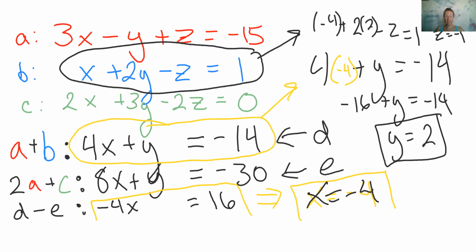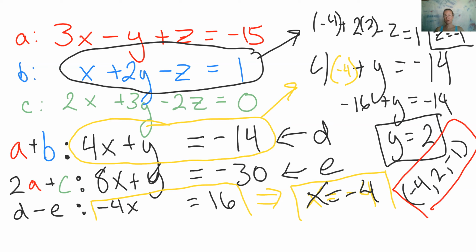Z is -1, and we can just box that guy in. And we've got our 3 answers. So x is -4, y is 2, z is -1. And if we want to write that as a coordinate in 3-dimensional space, we'll do our x, our y, and our z. And that is our solution to these 3 equations in 3 variables.